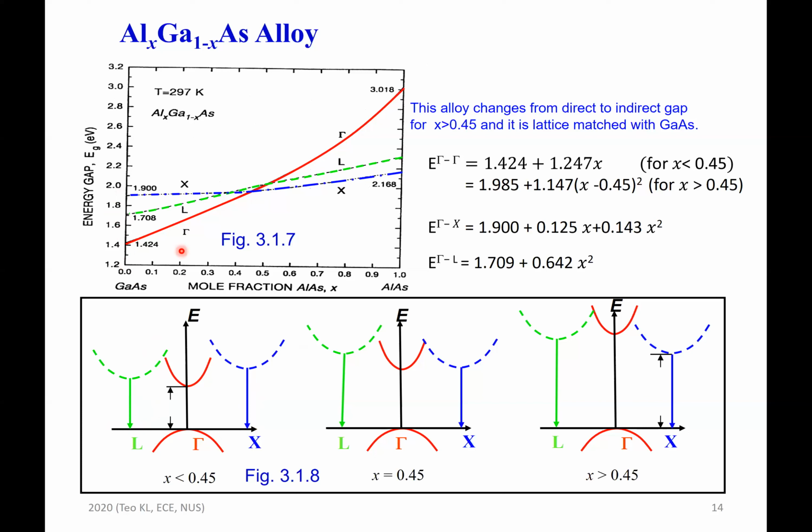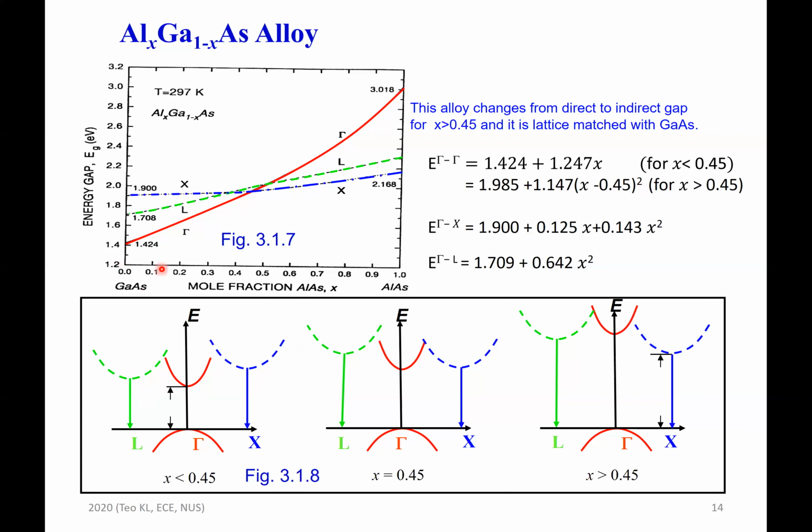As you change the composition, the conduction band at the gamma value, at the L value, and at the X value will each change with respect to the top of the valence band.